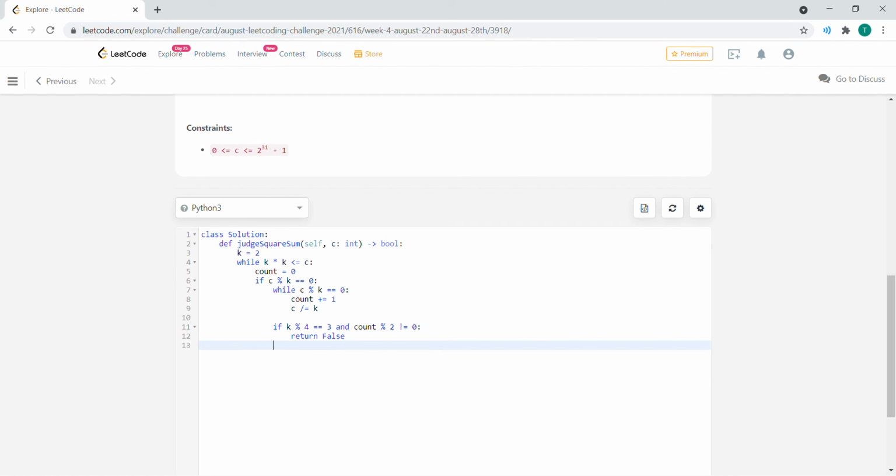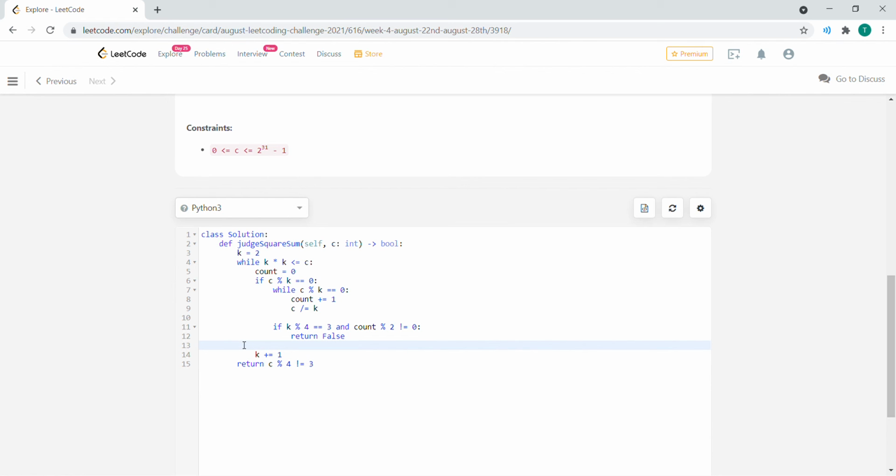Next, we try the next factor, right? So the factor will be incremented, so we want to change the factor. That'll be k incremented by 1, right? So we have k being 2 here, which starts with 2, because anything to the power of 1 is itself, right? So we increment that, and then we want to return whether c modulus 4 is not equal to 3.